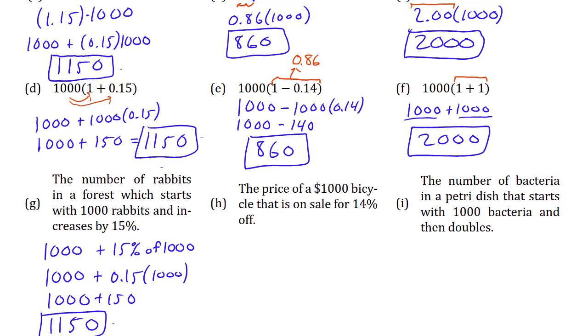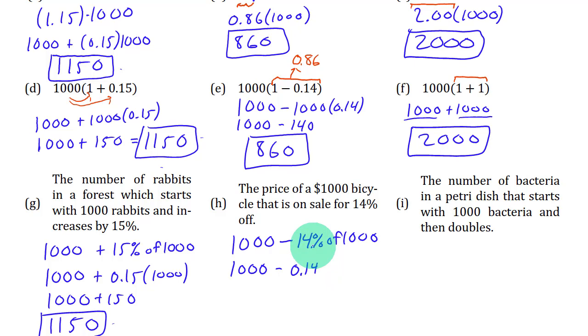Okay, now we have the price of a $1,000 bicycle that is on sale for 14% off. So the way you would calculate the new price is you would take the old price, which is 1,000, and then we're going to subtract 14% of 1,000. And the way to calculate 14% of 1,000 is move the decimal place over 2 spots.